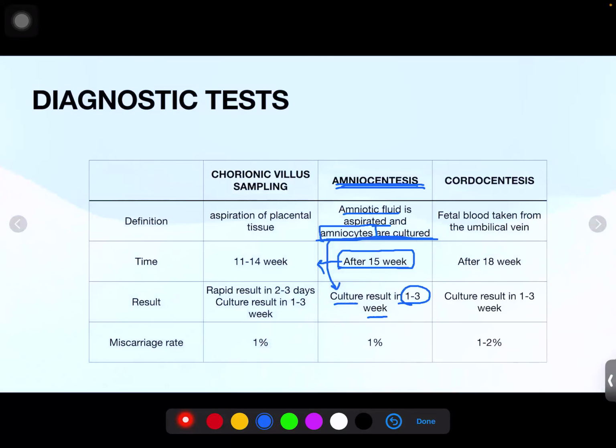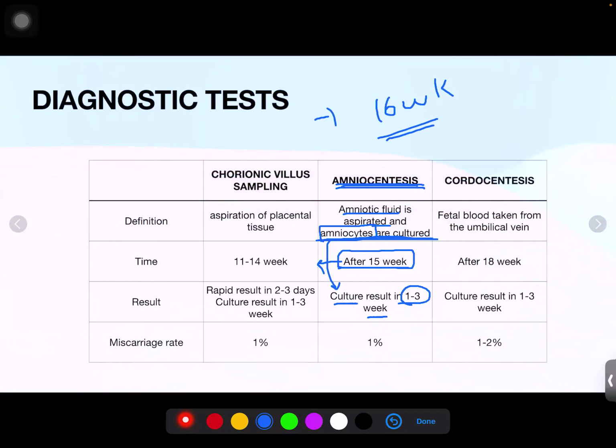Whenever a scenario comes where the pregnancy is 16 weeks, and you get biochemical screening, combined testing or triple testing, and it came out high risk, what will you do next?